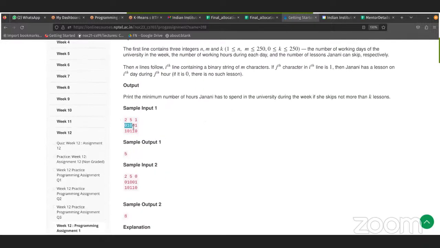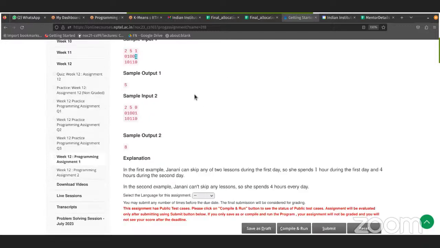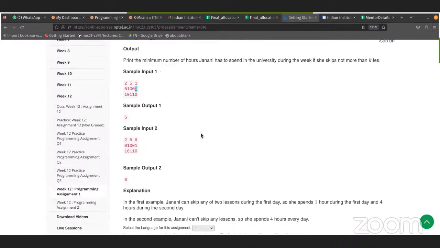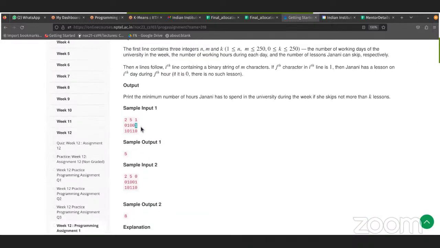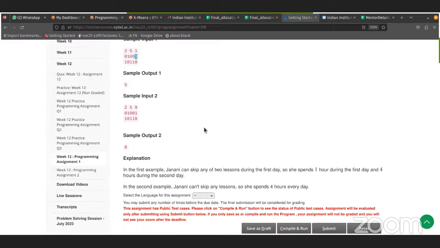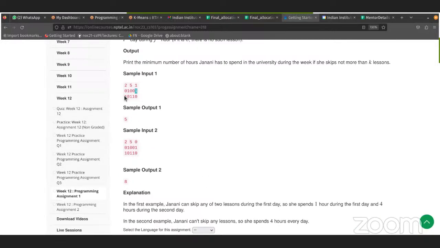In the first day, Janani can skip any 1 lesson. She can come for only 1 class and skip the other one. In the next day she has to attend everything. So in some sense she has to sit for another 4 hours here. So 4 plus 1 will be equal to 5.